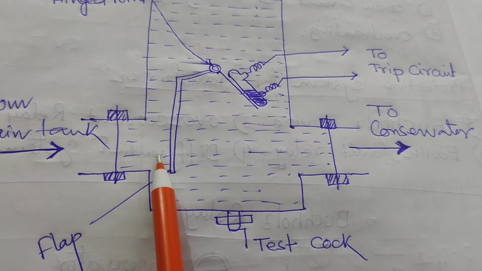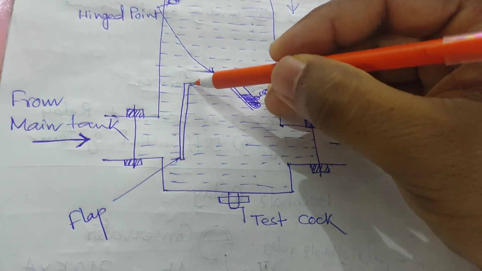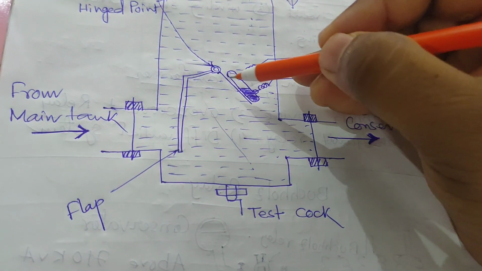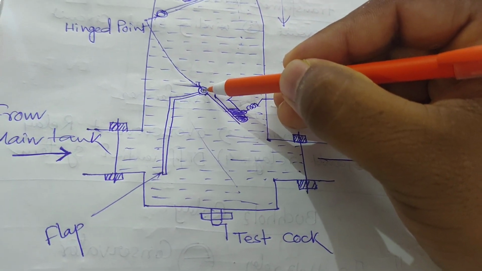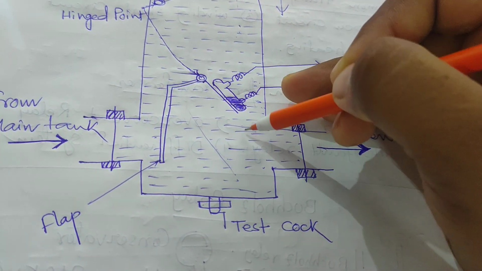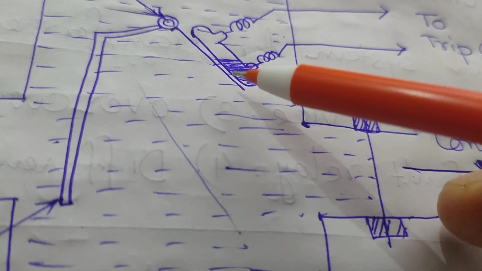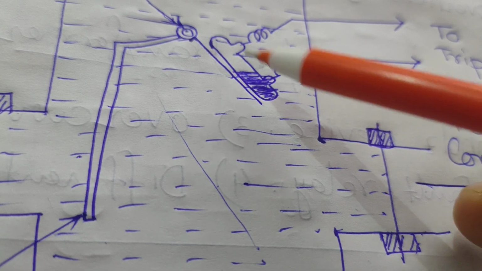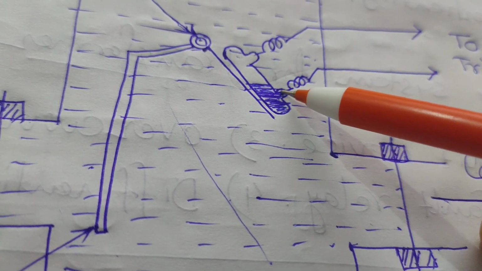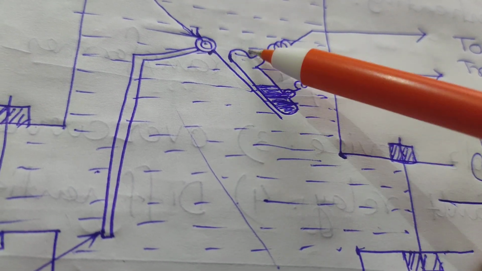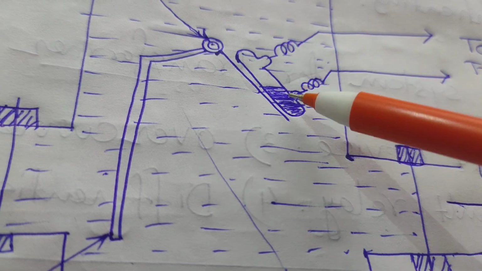If this flap is rotated by a thrust here, this hinge part is fixed inside the Buchholz relay, so this flap will rotate to the upper side, and I am showing you this is the mercury, and this mercury NO contact will become the NC contact, because this contact and this contact will be shorted.